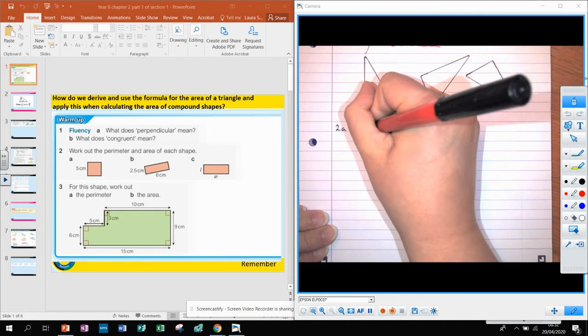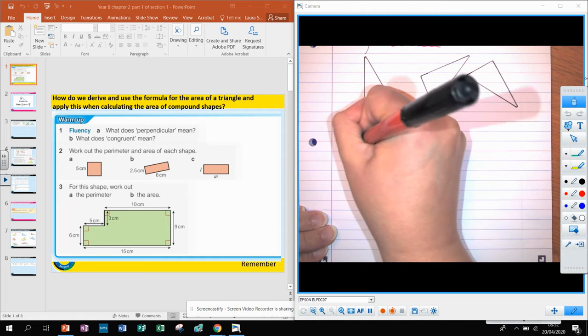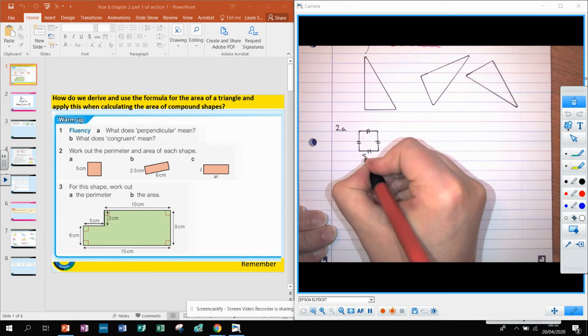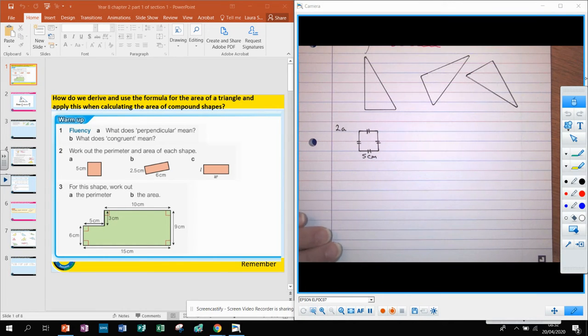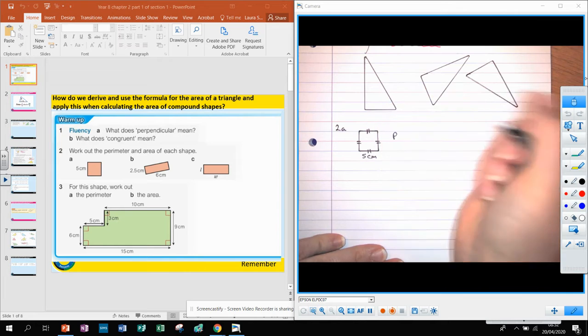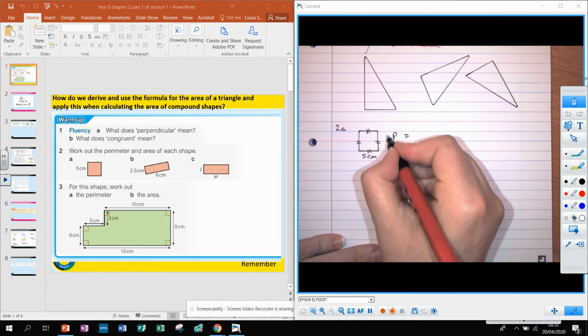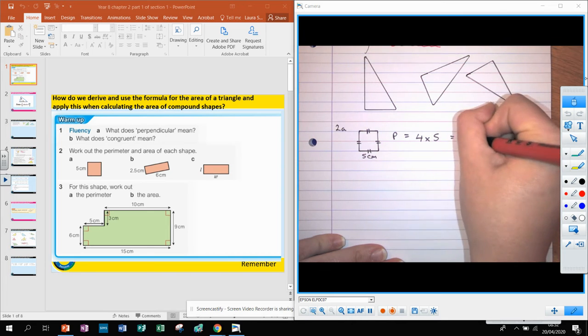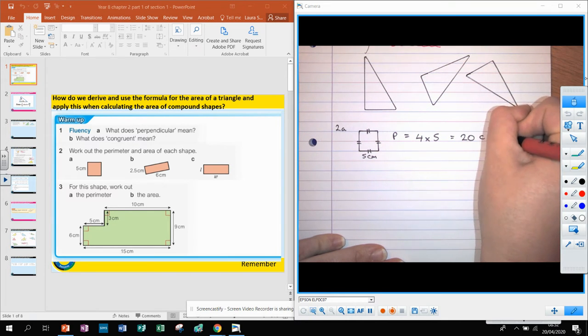So they should have done something like this, which would have said to you it's definitely a square because they're all the same, and each side length is 5 centimeters. When we do perimeter, we add up the sides, so the perimeter of this shape, since there are 4 sides, would be 4 times 5, which is equal to 20 centimeters.